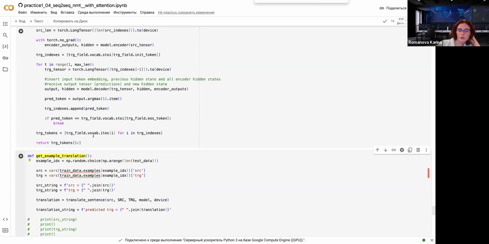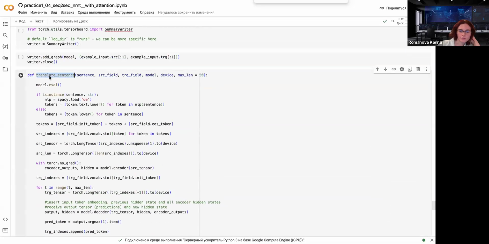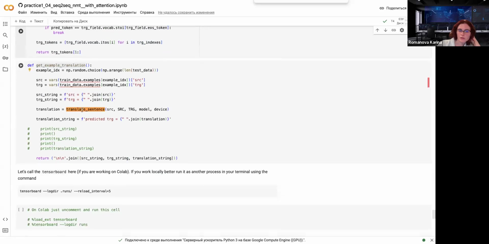Yeah, translate sentence and get example translation. This function tests the model performance on example sentences from the dataset to help evaluate the quality of translations.